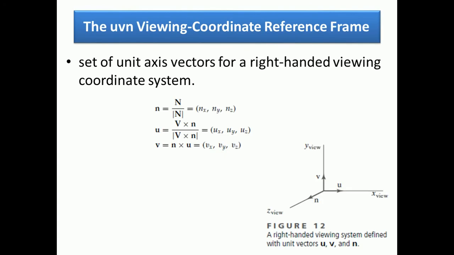The next is the UVN viewing coordinate reference frame. Left-handed viewing coordinates are sometimes used in graphics packages with the viewing direction in the positive Z view direction. With a left-handed system, increasing Z view values are interpreted as being farther from the viewing position along the line of sight. But right-handed viewing systems are more common because they have the same orientation as the world reference frame.